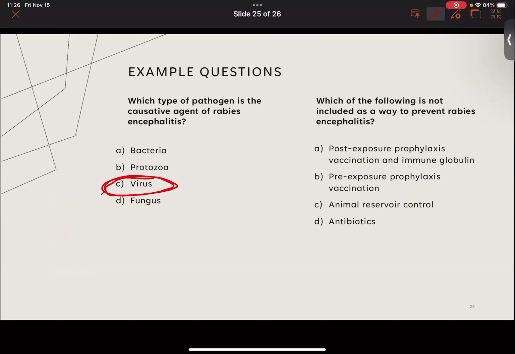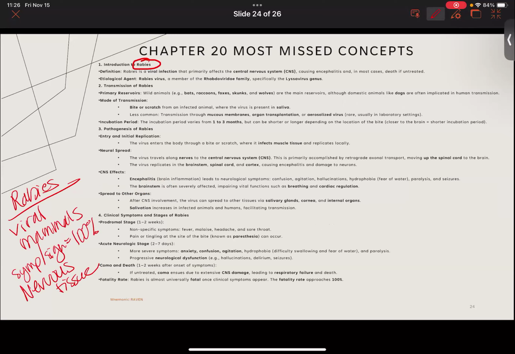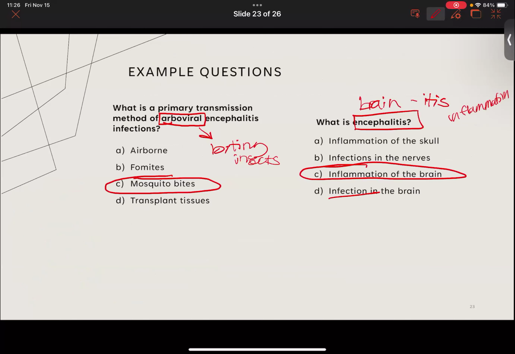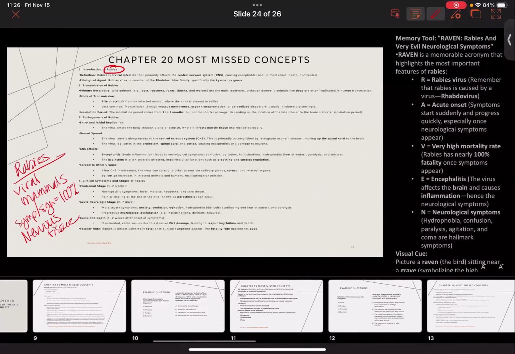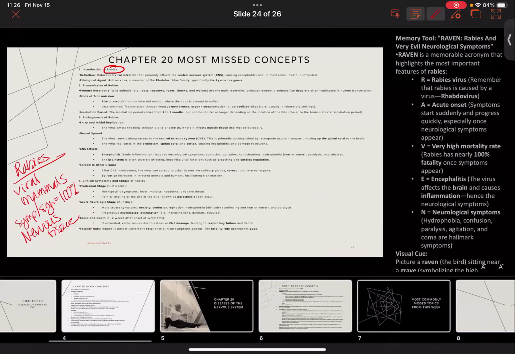All right, which of the following is not included as a way to prevent rabies? So this is another thing we need to know about this, right? So we talk about this, it is from our actual study sheet, by the way. Well, I pull information from that and then I create a more detailed list for you guys. So in our actual study sheet, if we were to go all the way back to it, let me do this, because I literally have the copy of the study sheet up here.